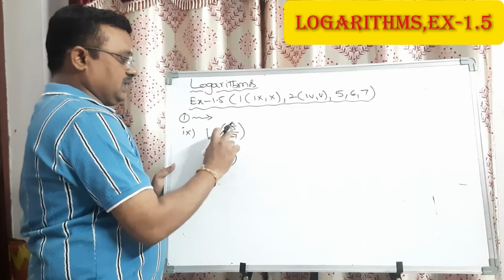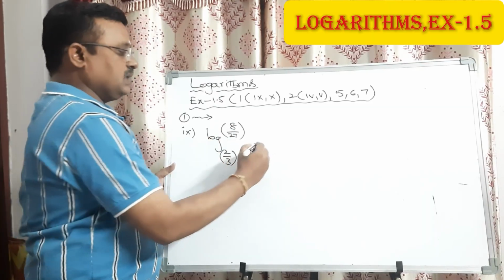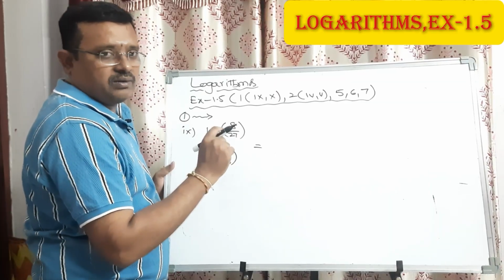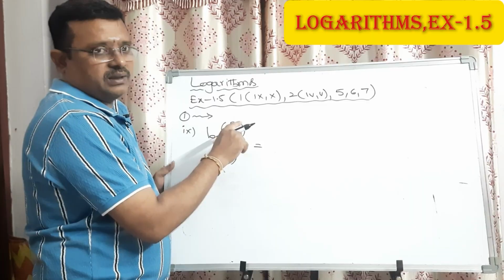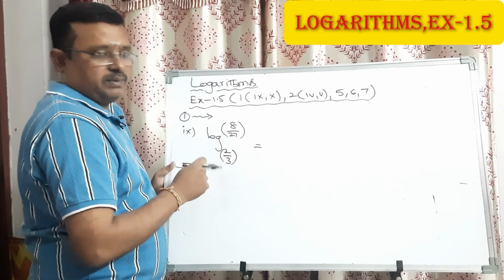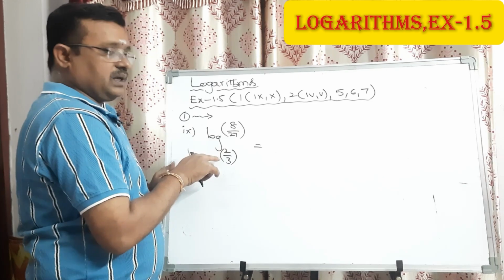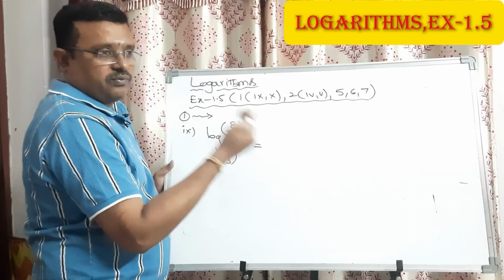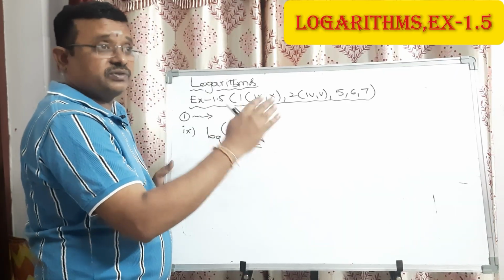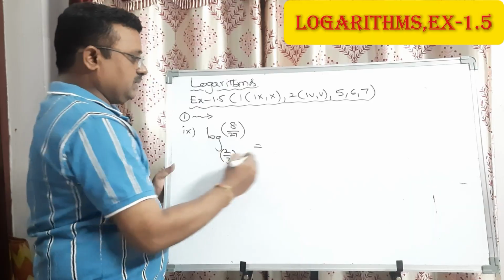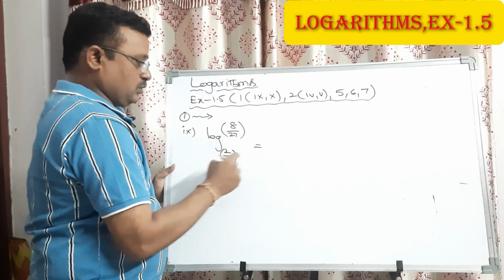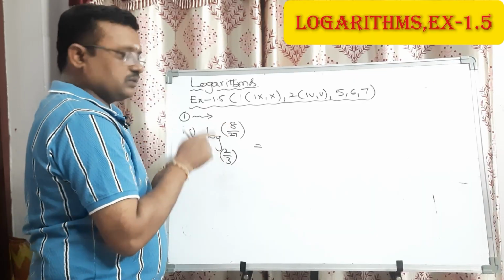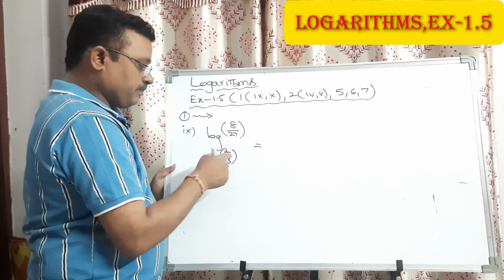So log 8/27 base 2/3 means, remember, in this kind of problem you will have a power relation between the logarithmic number and the logarithmic base. Power relation means this number can be written in powers of one another, or in powers of the same number. Coming to this, 8 is 2 cube, 27 is 3 cube. So finally 8/27 is 2/3 whole cube.